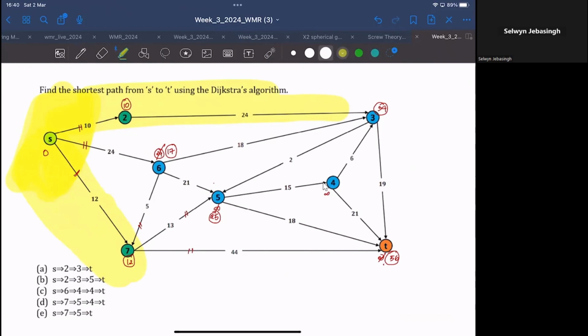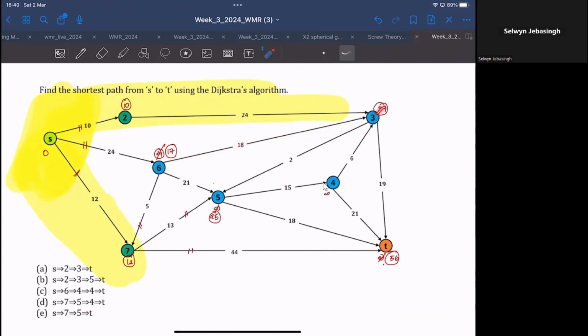Then now which node has the least cost? We have 17 over here, we have 25 over here, we have 34, we have 56. So since 17 is the node which has the least cost, we can expand node 6. So if you expand along this towards 3, 17 plus 18 would be 35, right? 35 is actually greater than 34.